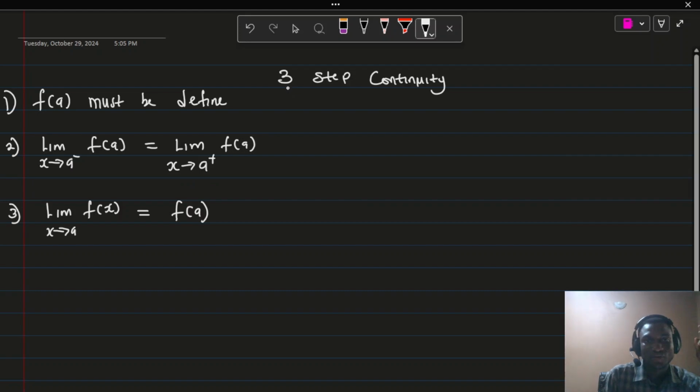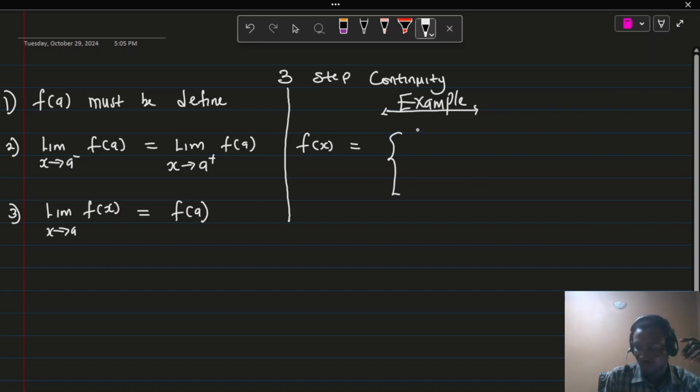Alright, for number 1 we are going to be doing our example 1. Example 1, let's look at this example. We have f of x, a piecewise function, f of x equal to square root of x plus 2, x less than 2, then we have x squared minus 2, 2 less than x less than 3, then we are going to have 2x plus 5, x greater than 3.